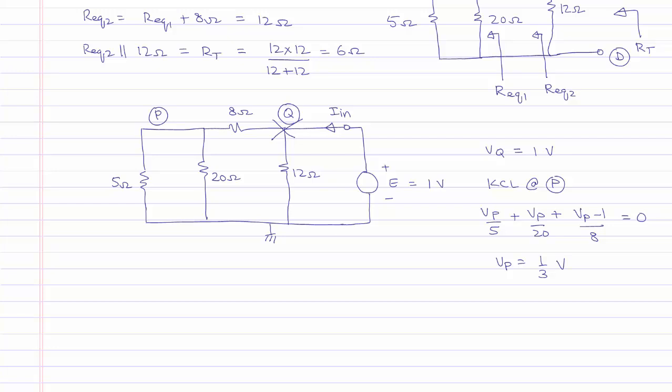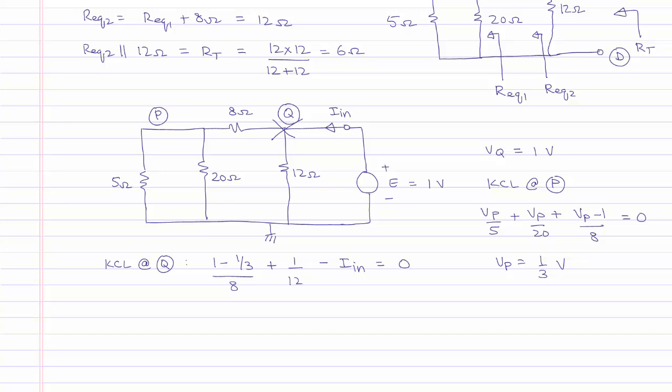To calculate In, we will write a KCL at the node Q. This will give us that the current leaving node Q through the 8 ohm resistor will be (1 minus Vp, which is 1/3 of a volt) divided by 8 ohms, plus the current leaving through the 12 ohm resistor, which is 1 divided by 12, minus the current In, which is entering node Q, and this must be equal to 0.